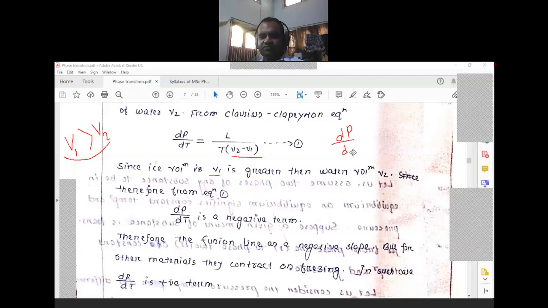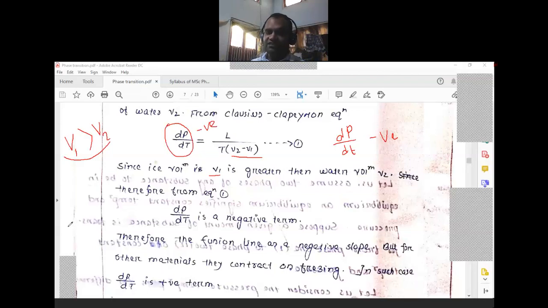Now in equation 1, if V1 is greater than V2, then dP over dT will be a negative quantity, because this term will be negative.